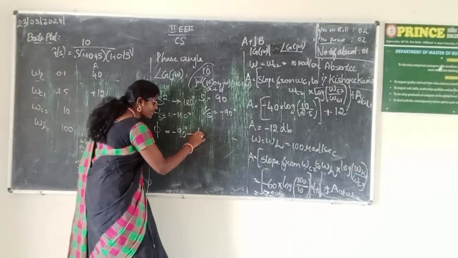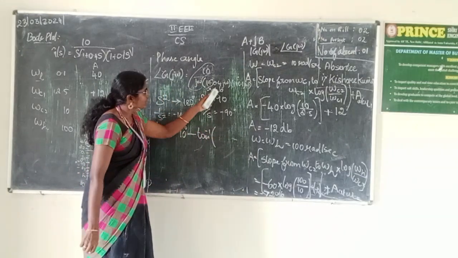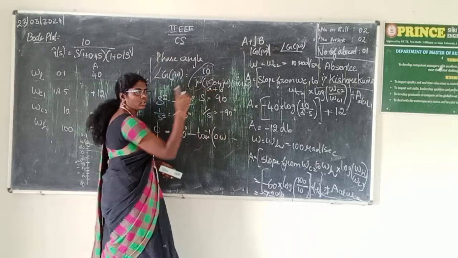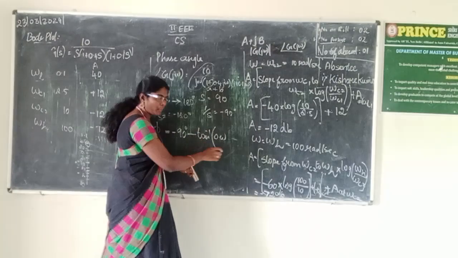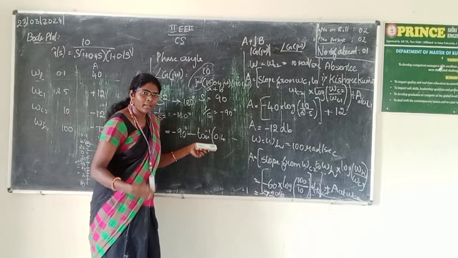Minus tan inverse of 0.4 omega by 1, a is 1 only, so 0.4 by 1 will become 0.4 only.